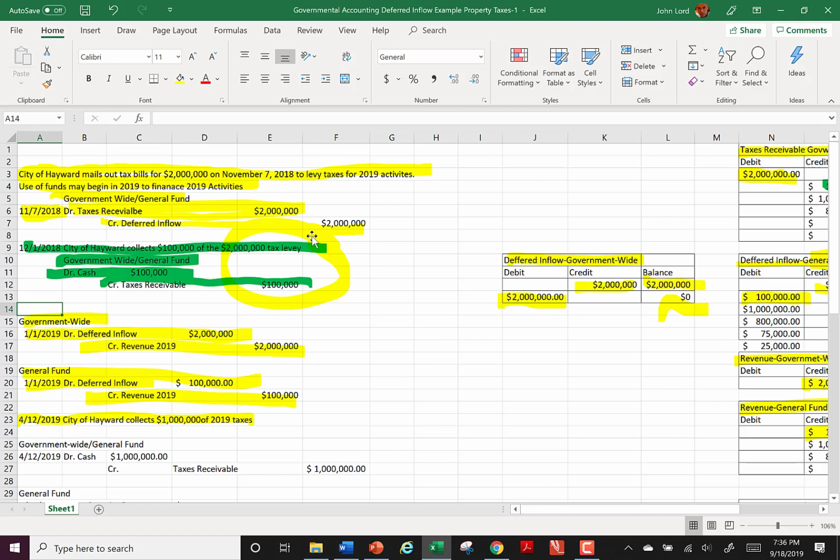Look at that first entry. I had a credit of $2 million to deferred inflow, didn't I? Because I couldn't take the revenue yet, since I hadn't met the eligibility requirement. Time use may not begin yet, right? Now I'm in the new year, 2019. Now use may begin. I'm eligible. At the government-wide level, I take the entire revenue, right?